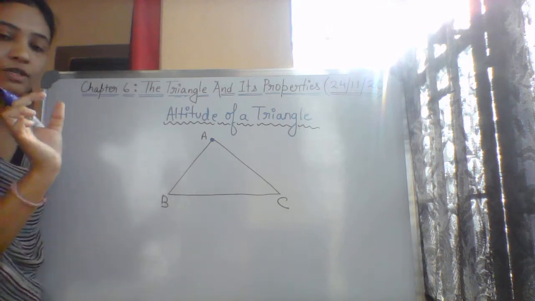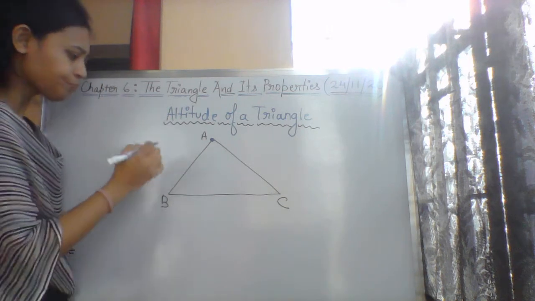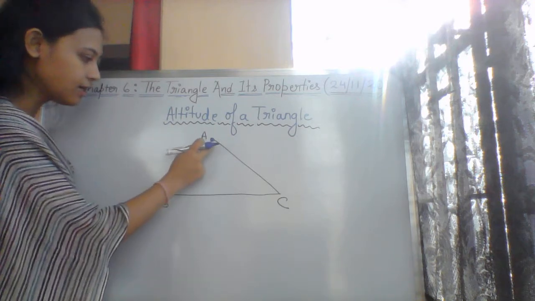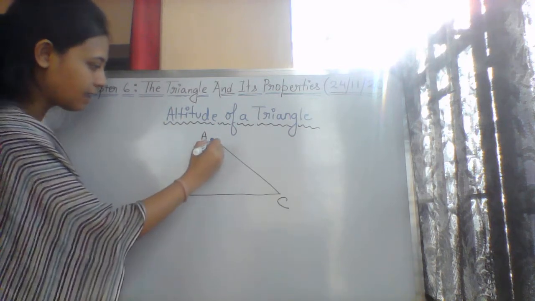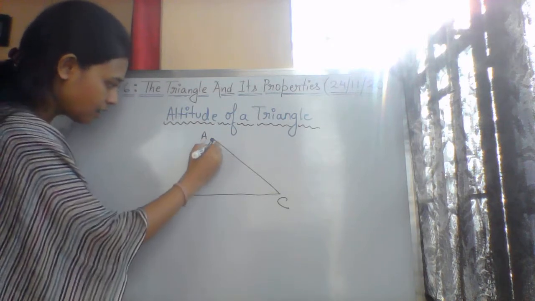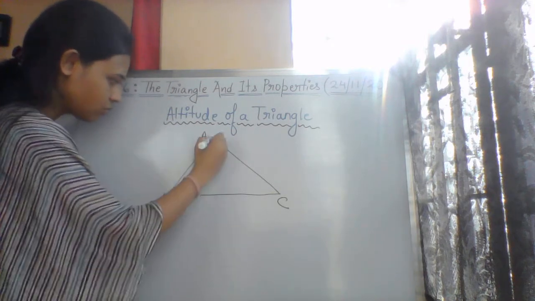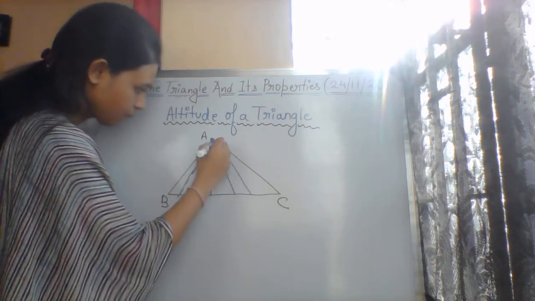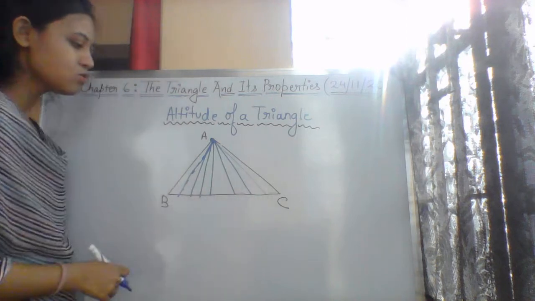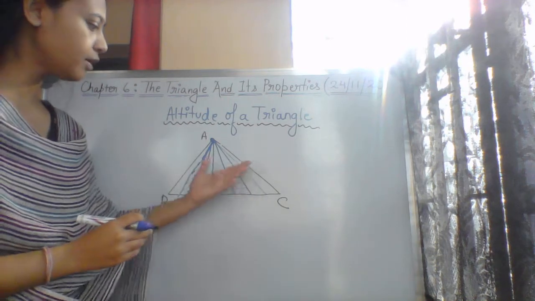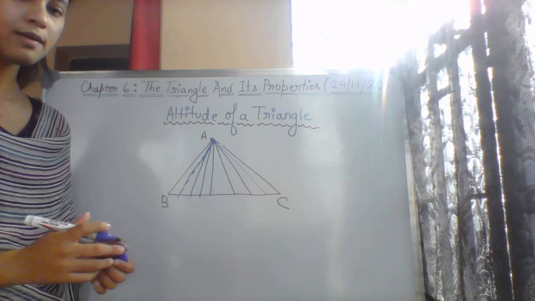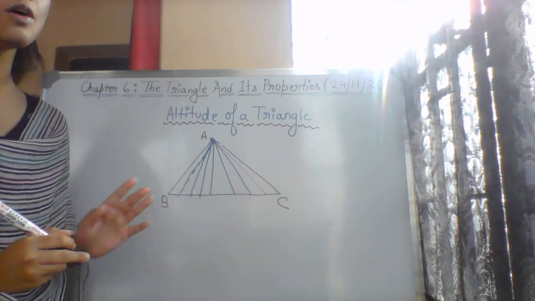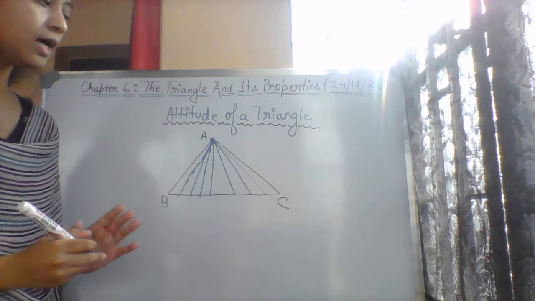So what is the difference between median and altitude? Altitude is a line joining a vertex and the opposite side. I can make many lines like that, so I can make many such lines, but these are not all altitudes. What is the altitude here?